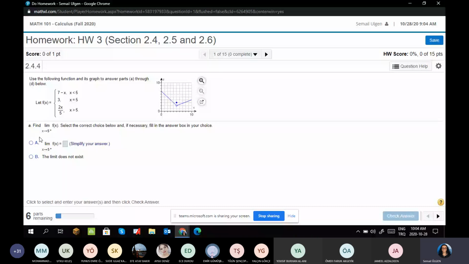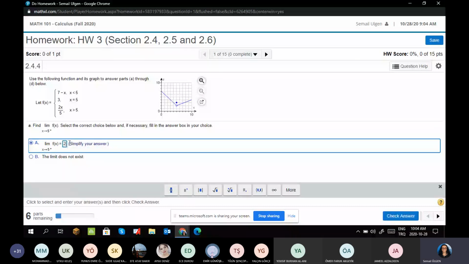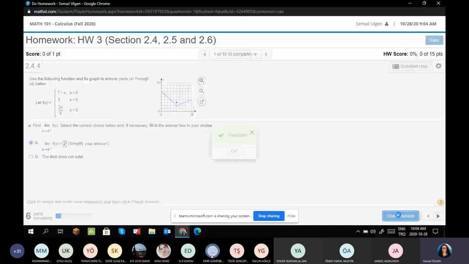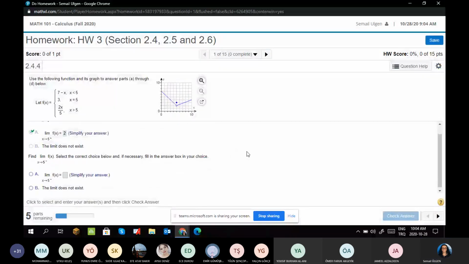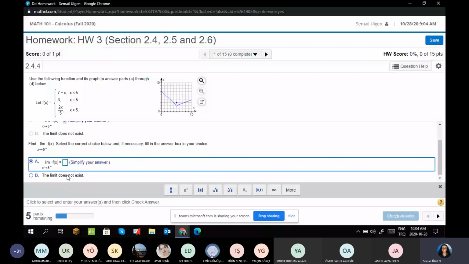So we are going to say it exists and it is 2. We got it right, check the answer. It's good. And next, find the limit from the left. Fill in the answer. So this is again 2, right? Because in the picture, if you approach from the left, it is 2 again. Let's continue.